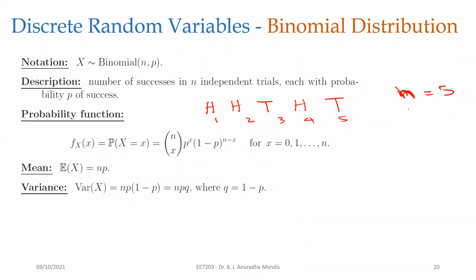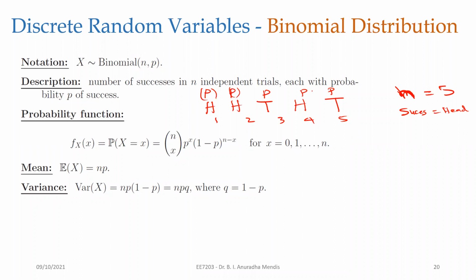Let's say success means head. There is a probability p that you can have head, here also probability p. So these are independent trials. Success I can name as head, and not success is tail.